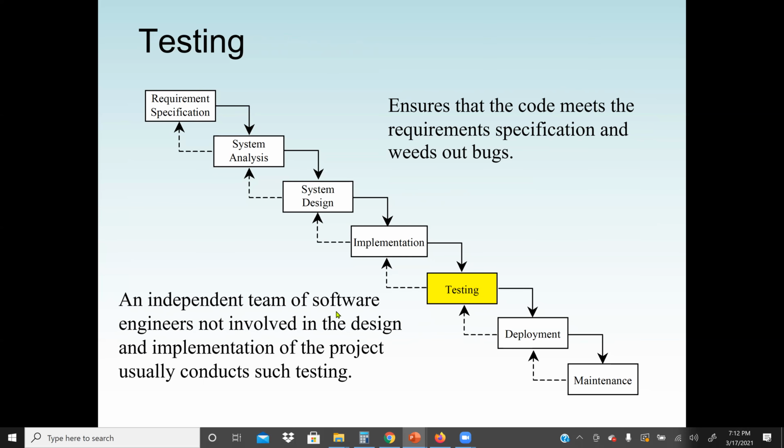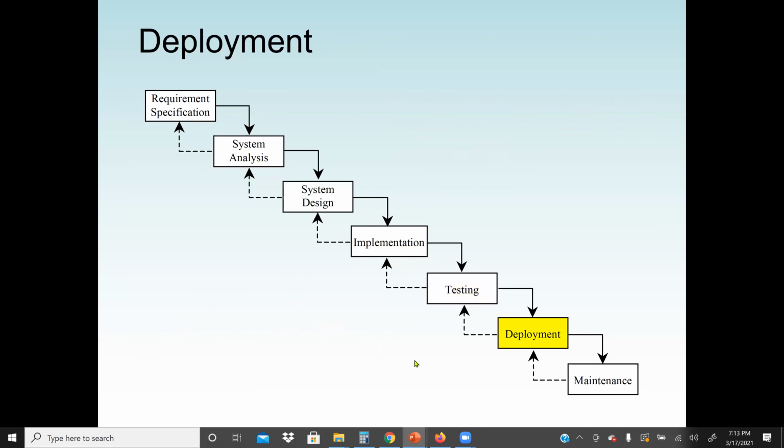So an independent team of software engineers not involved in the design and implementation of the project usually conducts such testing. And one of the entry-level jobs in software engineering is software tester. So we have special people, software testers, who are going to test the system.